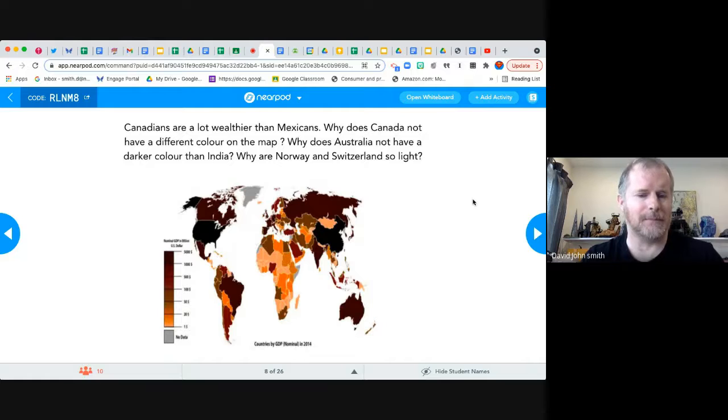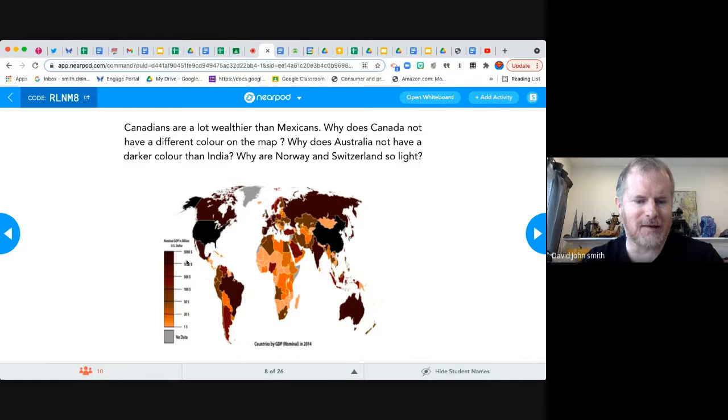Right, what about this one? Check this one out. Canadians are a lot wealthier than Mexicans overall. Why does Canada not have a darker color on the map? Why does Australia not have a darker color than India? Why are Norway and Switzerland the light color? This is 2014, so again, it's old data, but what they're doing here is showing, again, nominal GDP.